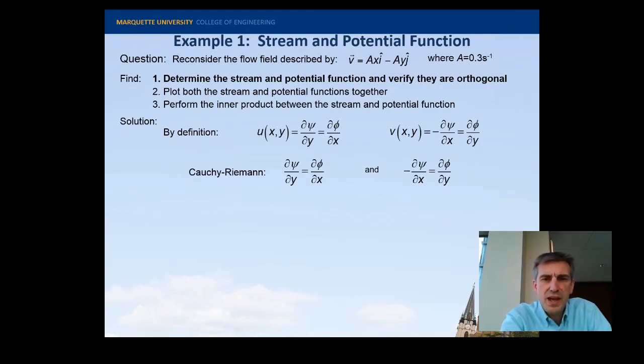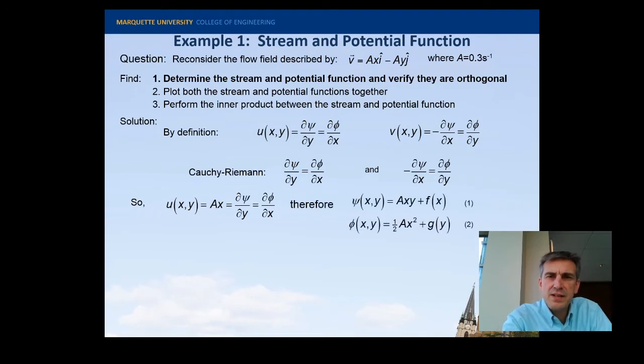By definition, we have the relationship between the stream and the potential function, and that's essentially the Cauchy-Riemann equations. I can take the definition of the velocity vector component u and equate it here.